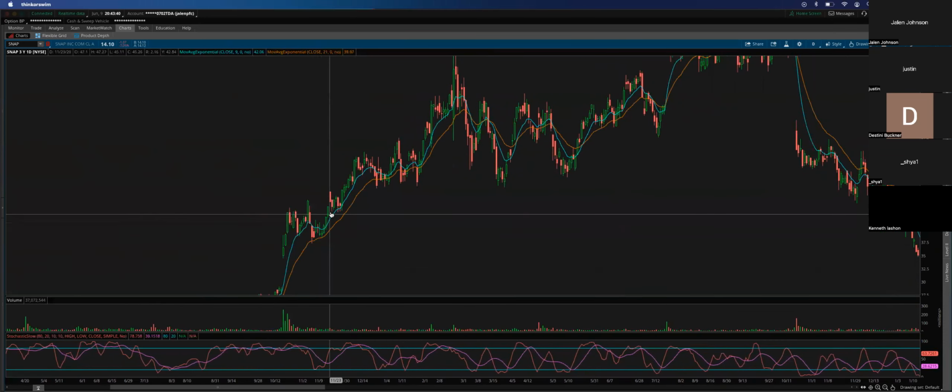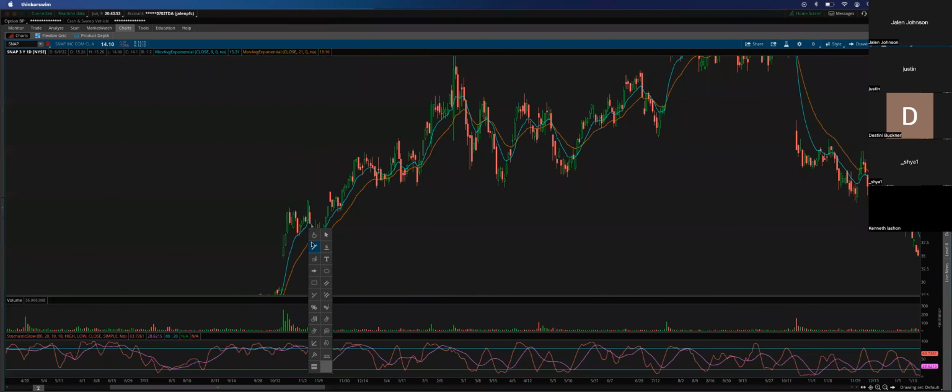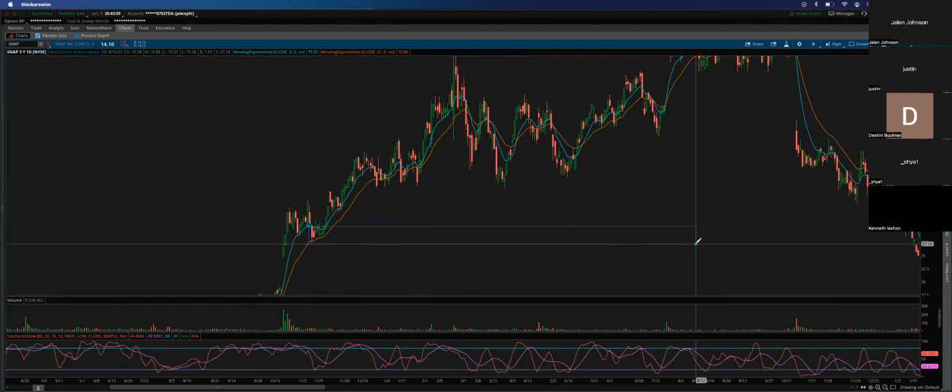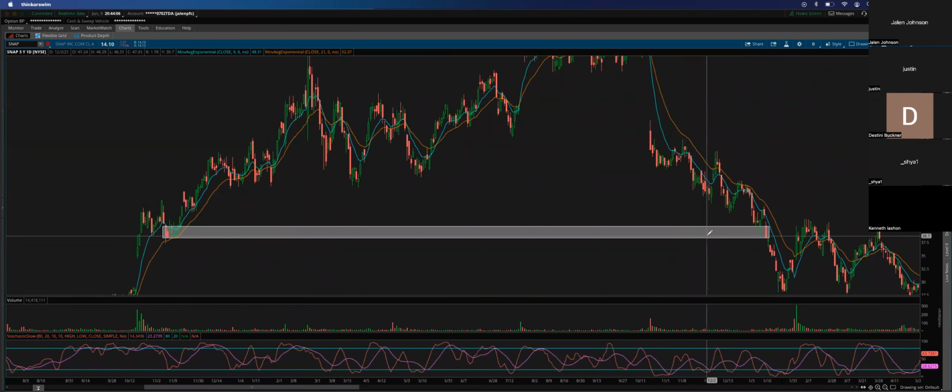We had an impulsive move up right here. So we had an impulsive move up here. So we're going to plot that consolidation. We're going to drag this all the way along and see if this zone actually made sense later. No, it literally killed that zone.